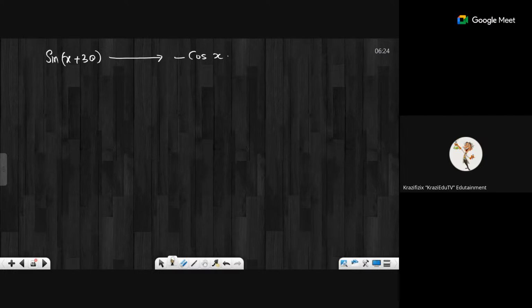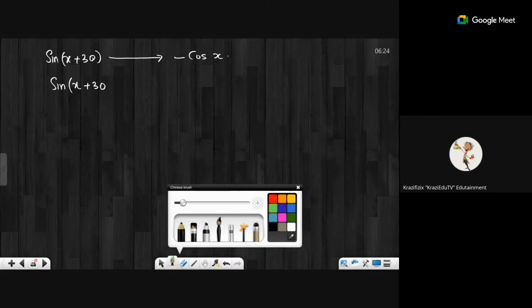First thing is, I see that my trig ratio is changing. When does my trig ratio change? My trig ratio changes once I see a 90. So if I want sine to become cos, I must make sure the angle inside is 90. So I am going to say sine of x plus 30. I want to get it up to 90. So what should I do?